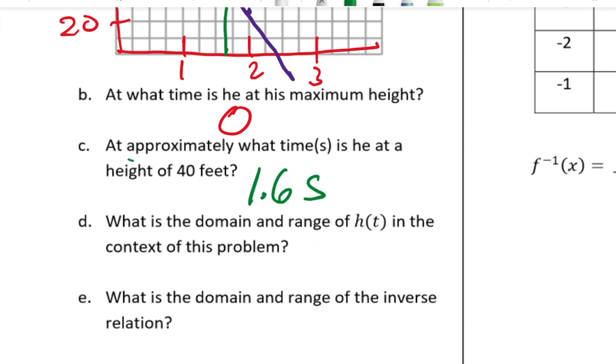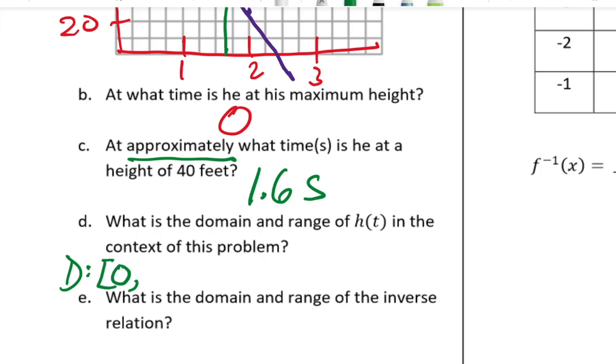It does say approximately. What is the domain and range of h of t? Okay, so the domain, now, are we talking about when he hits the water or going under the water? Depends on how you interpret it. Like most teachers, I think, would say, when does he hit the water?